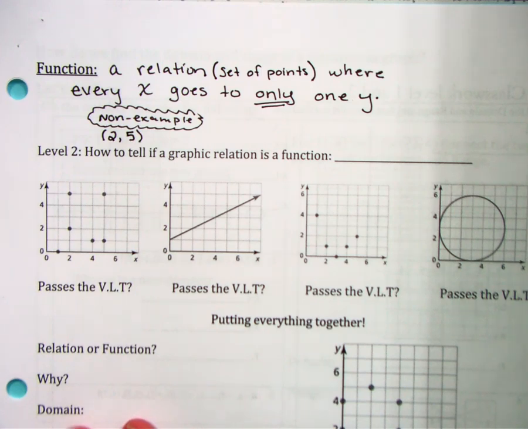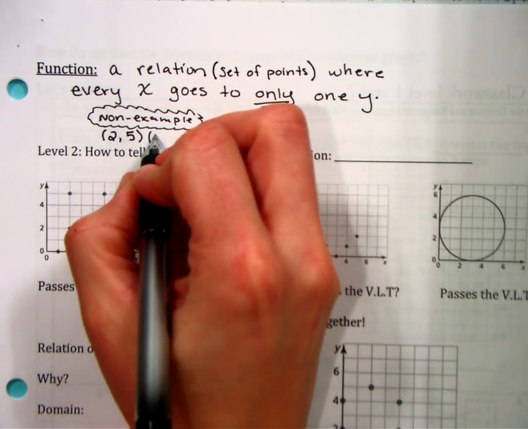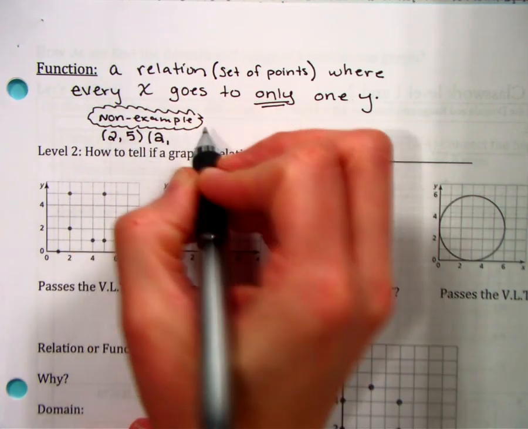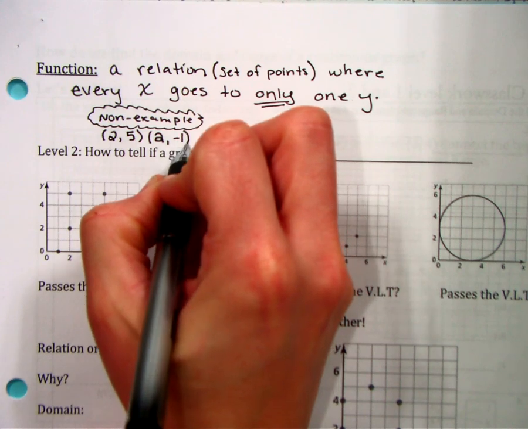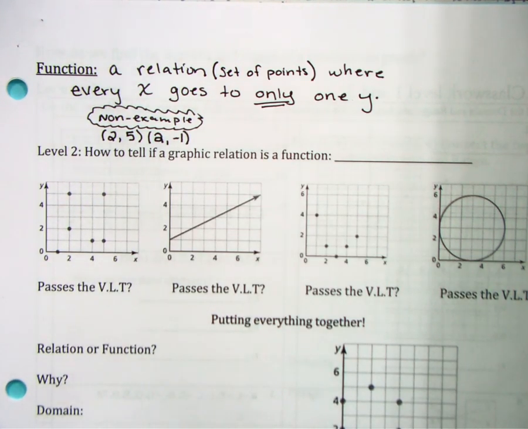But if I also had the point (2, -1), now I have confused my function. And now it's error, right? Because when I put in 2, it says, what do I do? Do I spit out a 5 or do I spit out a -1? I don't know what to do. So it's not a function. A function can only spit out one number. It can't spit out 2 different numbers.